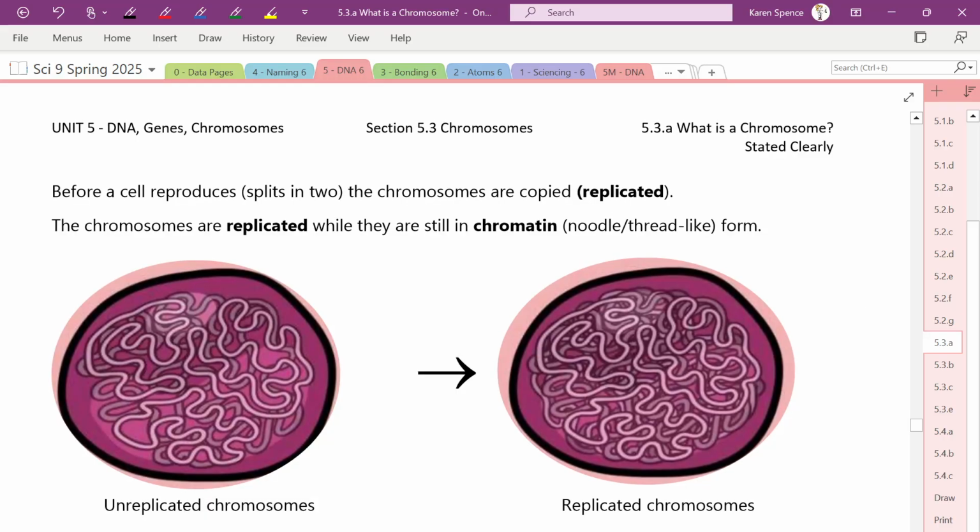Before a cell reproduces, in other words, before a cell splits in two, the chromosomes are copied. The DNA is copied.